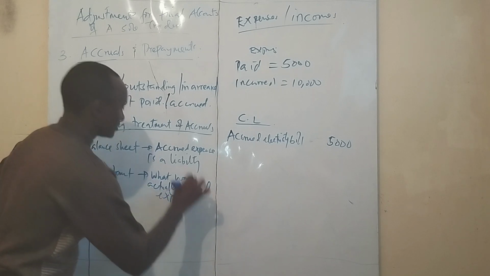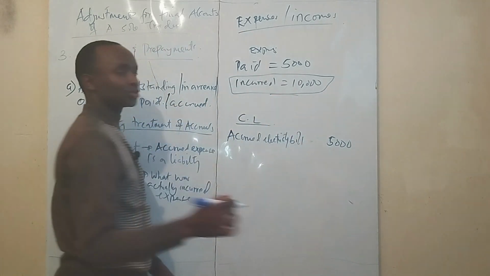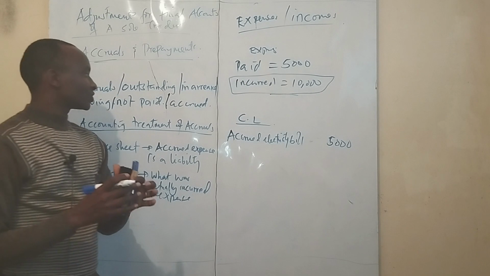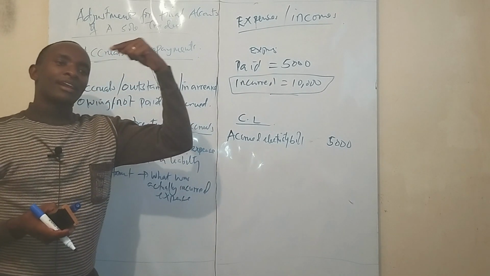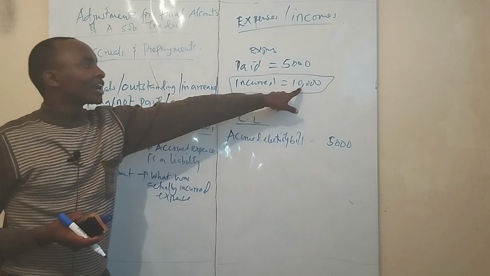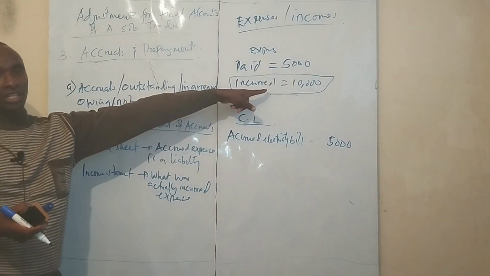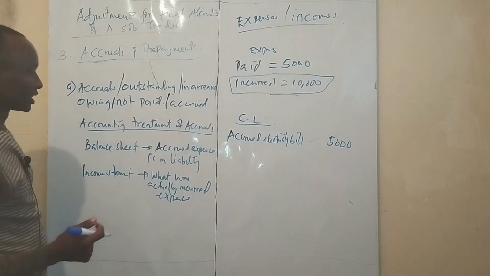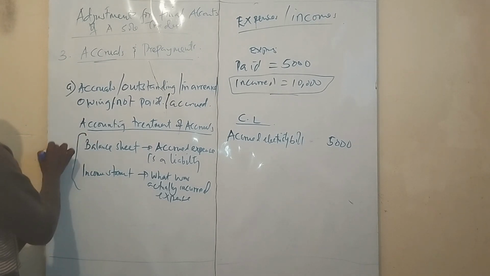If we incurred 10,000, this is what will go to the income statement. Are we together? Because that is what we actually incurred. Remember from the definition, expenses are recognized when they have been incurred. So they are recognized in the income statement when they have been incurred. They are all 10,000. The 5,000 will go as a liability in the balance sheet. Good. So this one was about expenses.